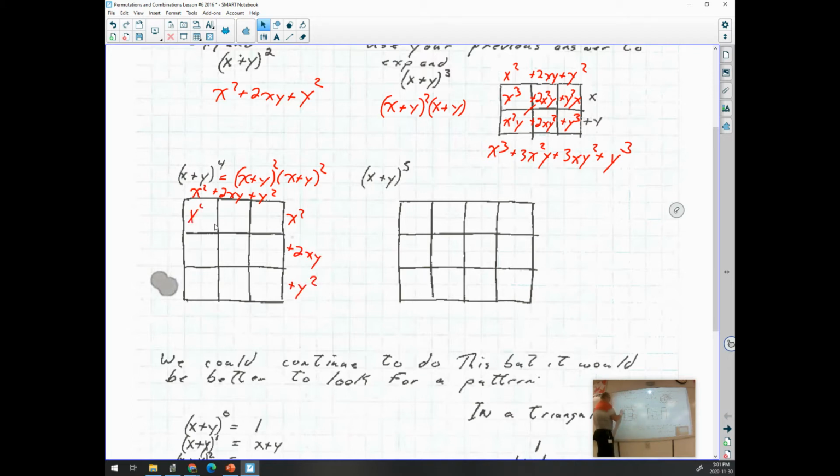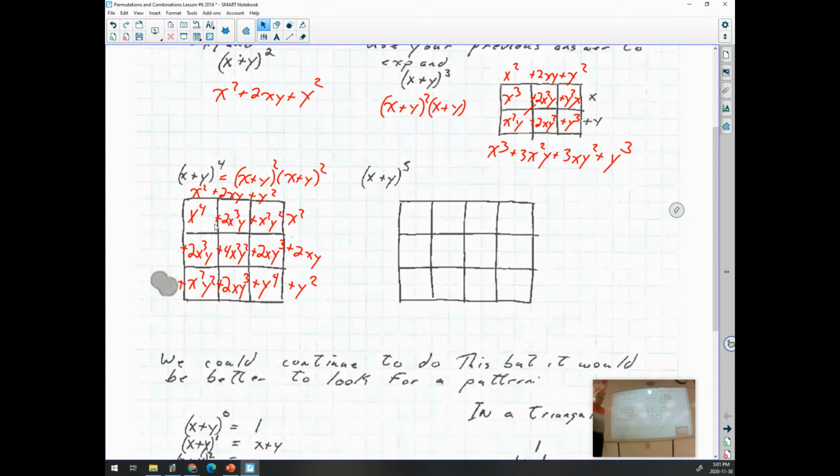We have x^4 plus 2x^3y plus x^2y^2, plus 2x^3y plus 4x^2y^2 plus 2xy^3, plus x^2y^2 plus 2xy^3 plus y^4.